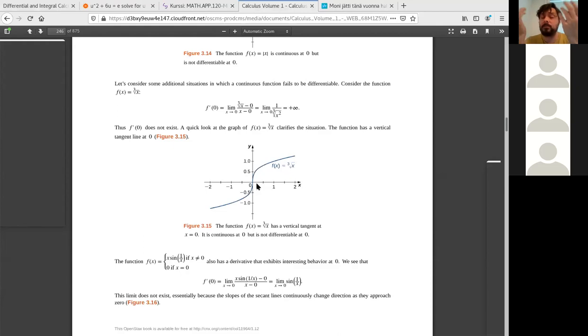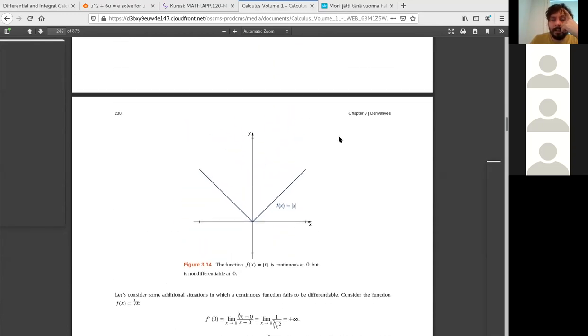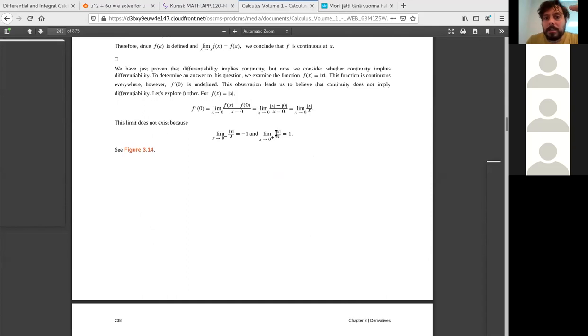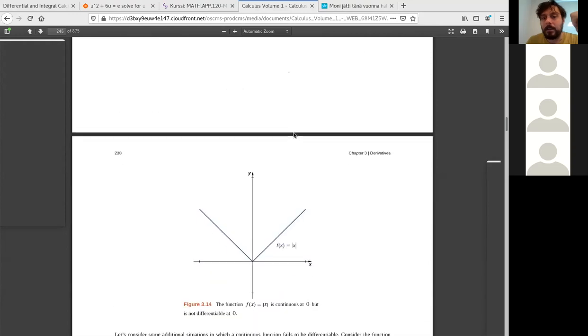In fact, what happens is we can say that the derivative itself here, if we think about the secant line, in this case, depending on whether we are moving left or right, that always has slope 1 or -1, but it doesn't converge to some slope that is the same when we approach from the left and from the right.